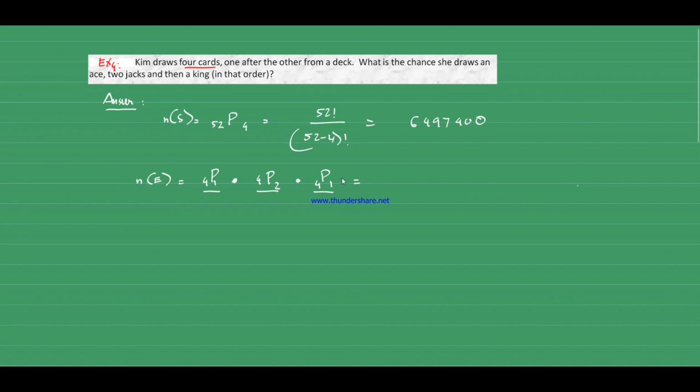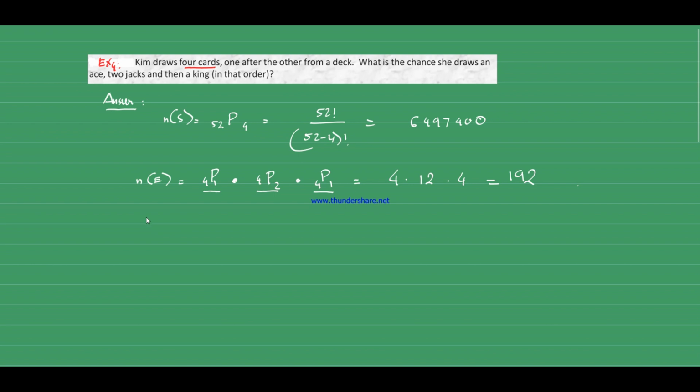I'm gonna go ahead and put everything into the calculator. 4P1 is 4, so this gives you 4. 4P2 will be 4 factorial over 2 factorial, which gives you 12, and this is 4. 16 times 12 is 192.